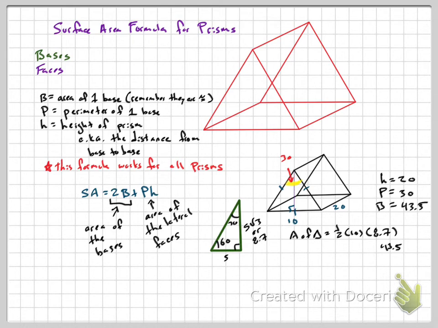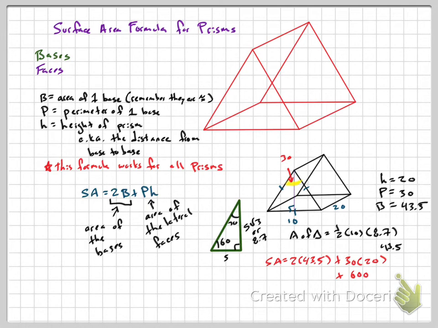So now I'm going to go ahead and use my formula for surface area. So surface area equals 2 times the area of one of my bases plus the perimeter, which is 30, times the height of our prism. 30 times 20, it's going to be 600.